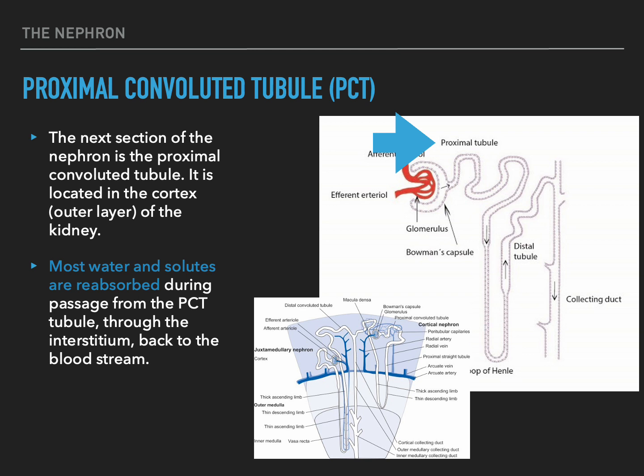The majority of water and solutes are reabsorbed at this stage from the proximal convoluted tubule through the interstitium back to the bloodstream. The interstitium is a fluid-filled space existing between the nephron structures and the blood vessels, which in this area is called the vasa recta. The interstitium acts as a passive conduit system for the flux of fluid and solutes to travel across.